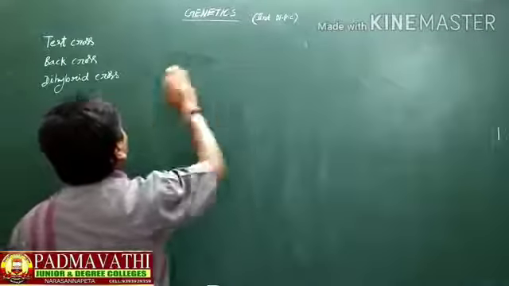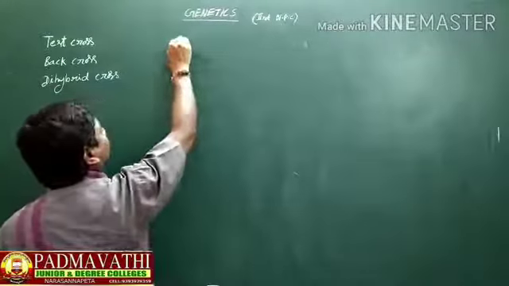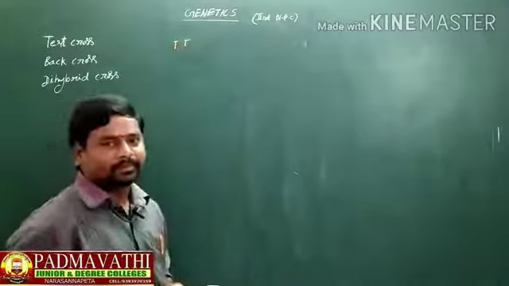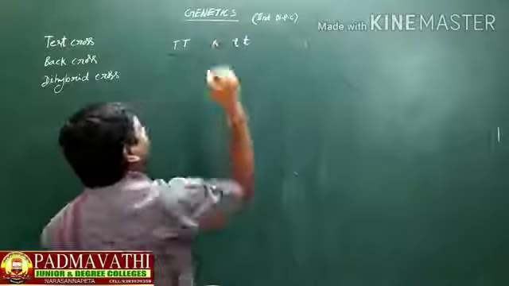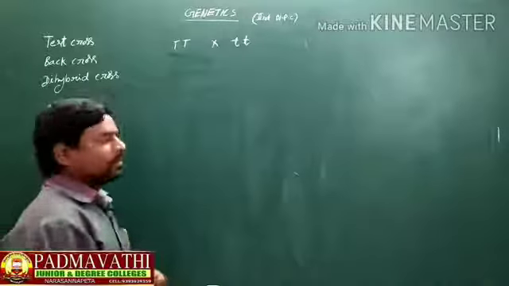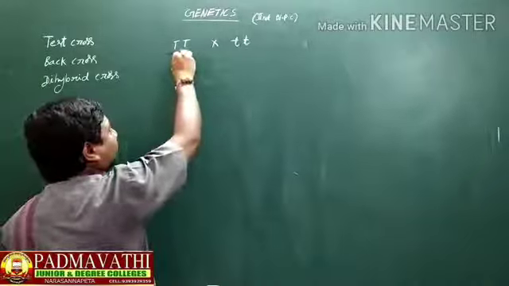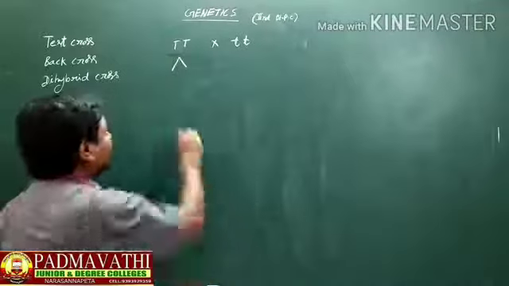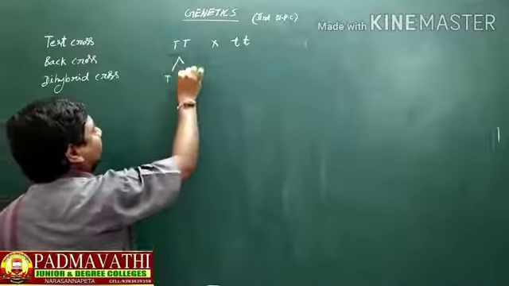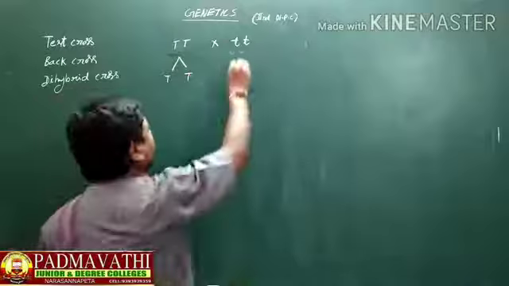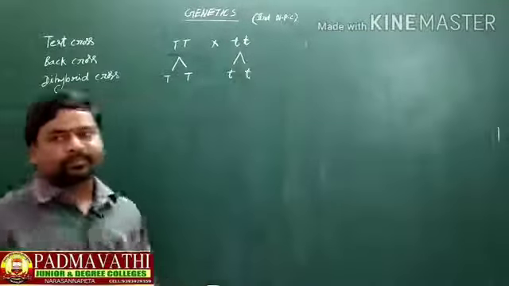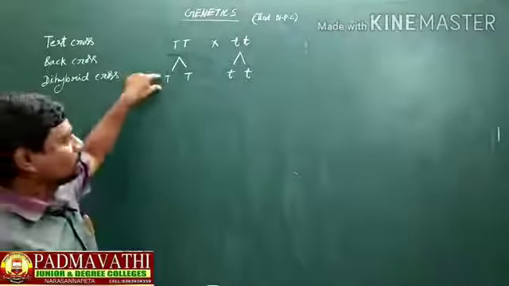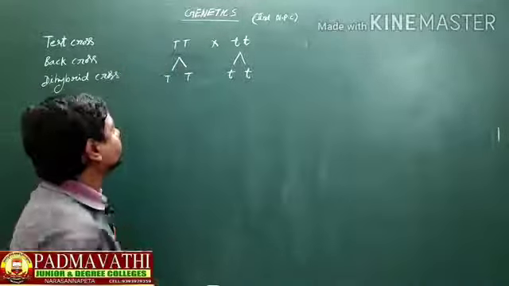So, here big T and small t. The gametes they can produce from their parents are big T and big T, and here small t and small t. So, these are gametes, these are parents.